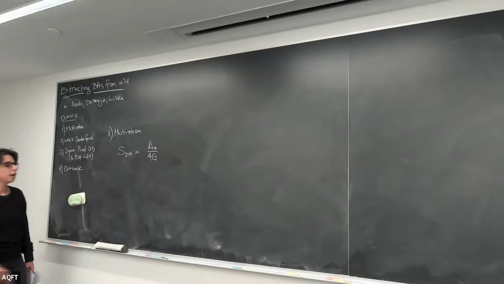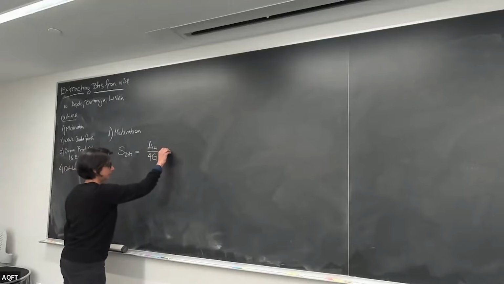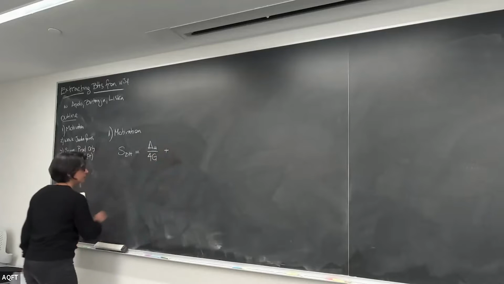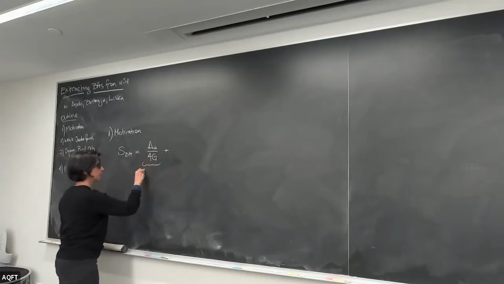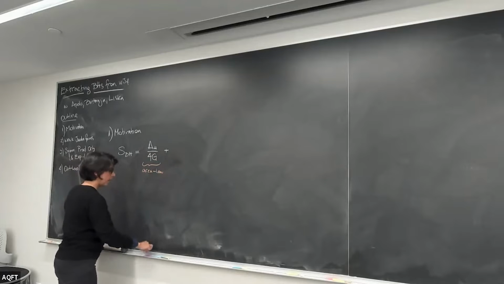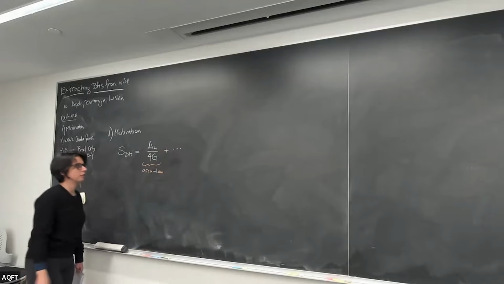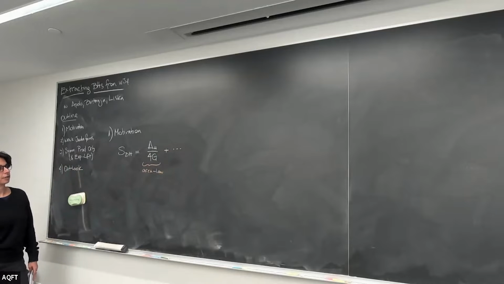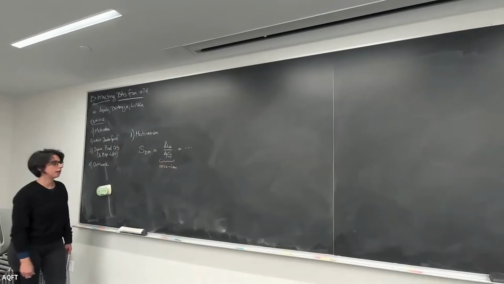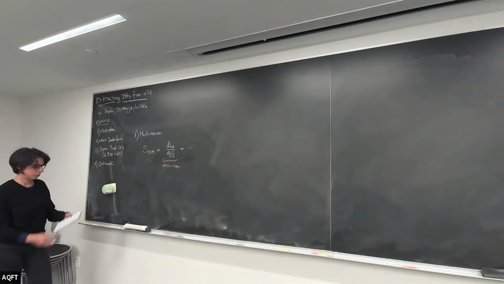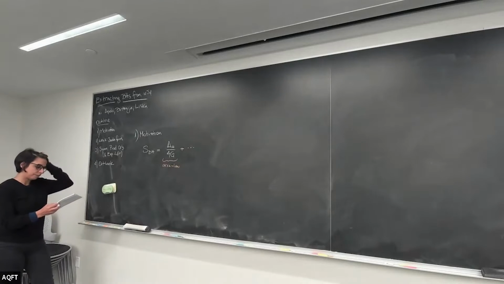This is also known as the Bekenstein-Hawking area law, which is the leading part of a formula that receives corrections as well, okay? So this is a famous formula in theoretical physics, a property of black holes that they carry entropy that is proportional to this area.